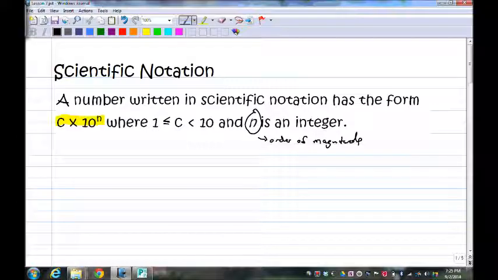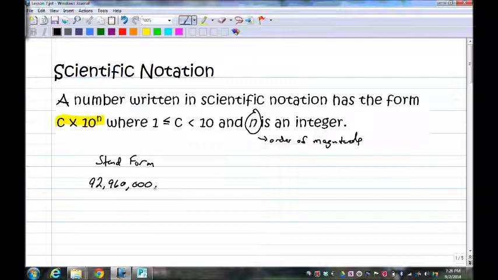I'm going to give you first a number that's in standard form. Standard form, or it's called expanded form. I'm going to give you the distance from the Earth to the Sun. It is 92,960,000 miles away. If I wanted to write this in scientific notation, first of all, you've got to think about where the decimal is, and it's always on the end here.